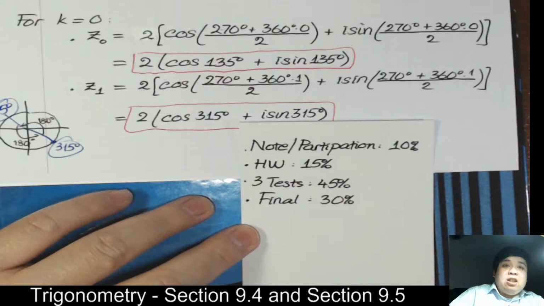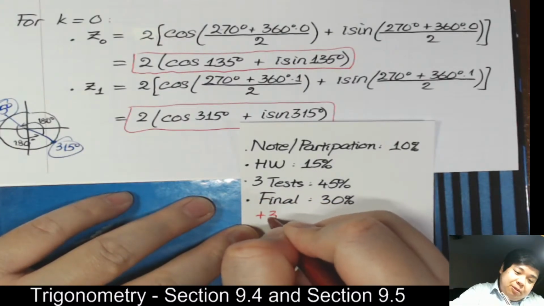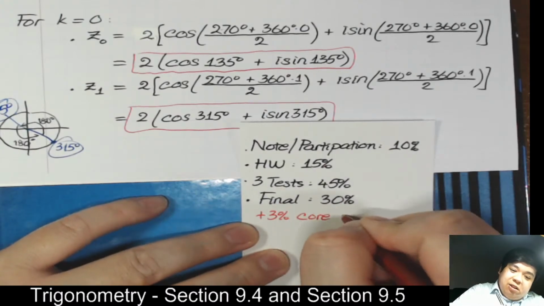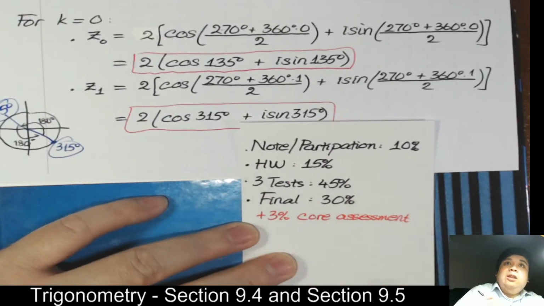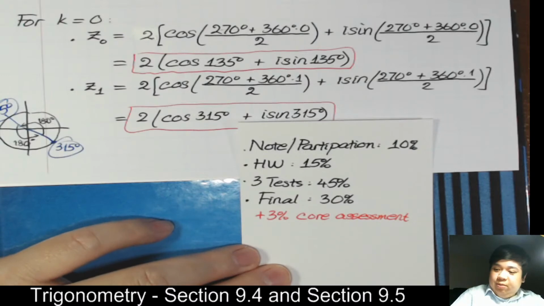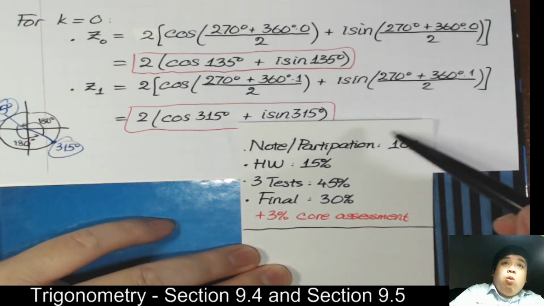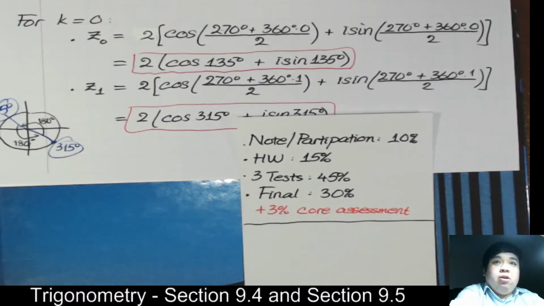The core assessment assignment is plus 3%. Right, so that's the breakdown of the course. So if you took the tests and the homework or participation, you have 70% of the class already. Now you just need to take the final.